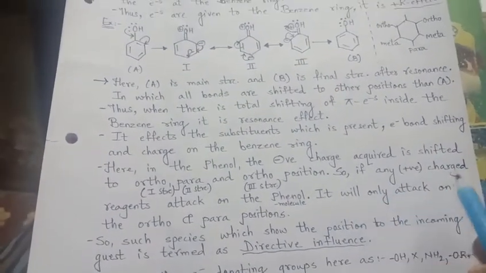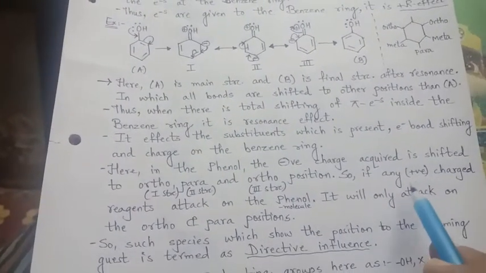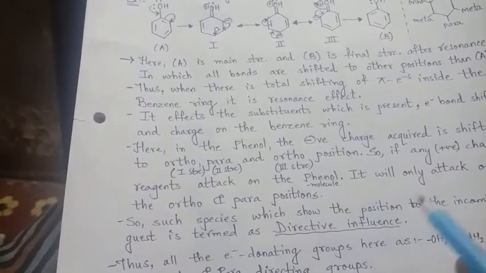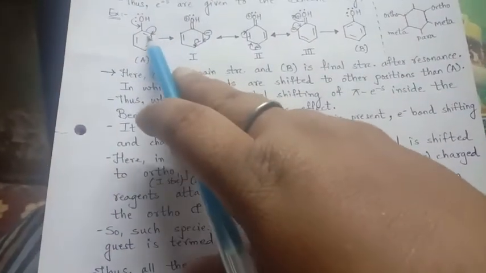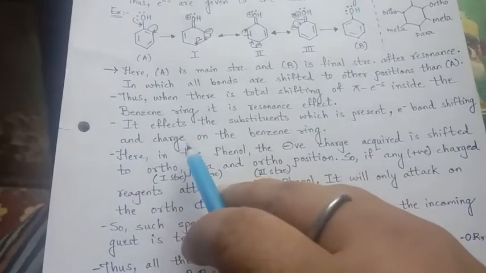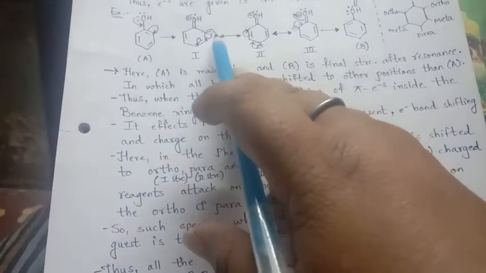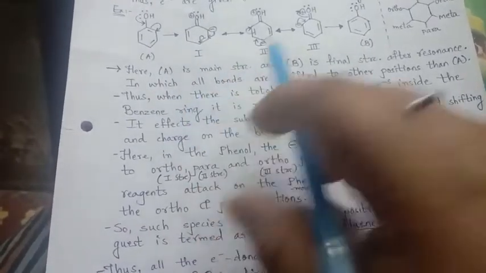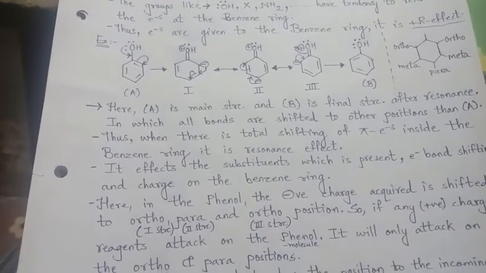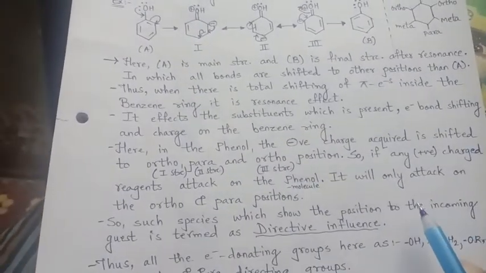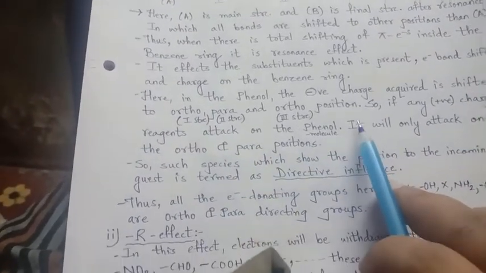So, if any positive charge comes from the external, if any positive reagent attacks on this phenol molecule, where will they go? They will either go to ortho or para position, because on ortho and para positions negative charge is present. So, positive charge will be attracted to the negative. So, it will only attack on ortho and para positions.